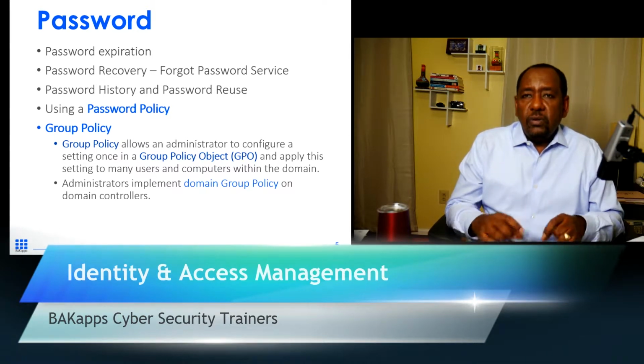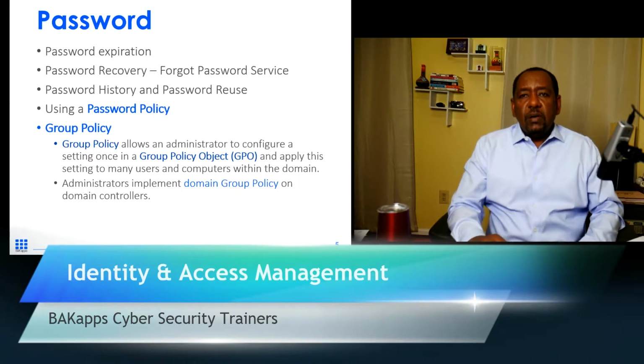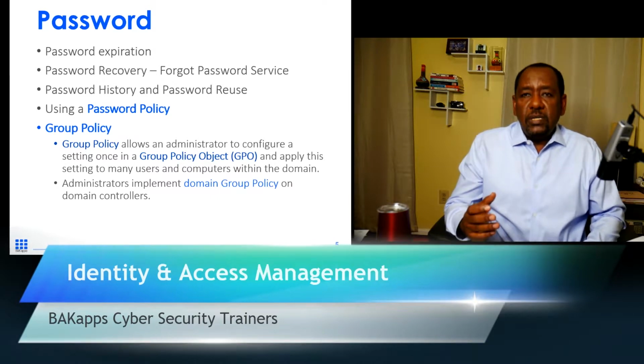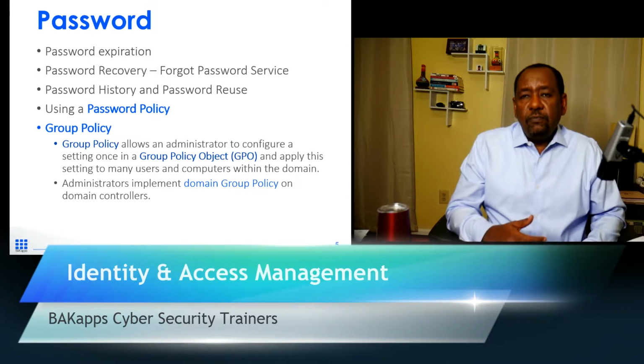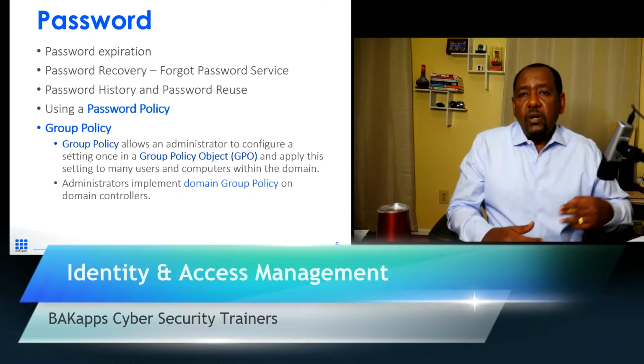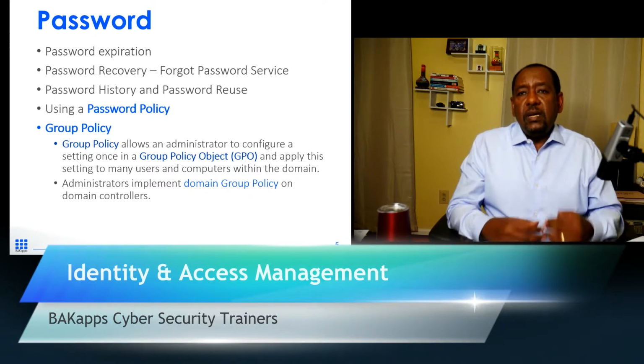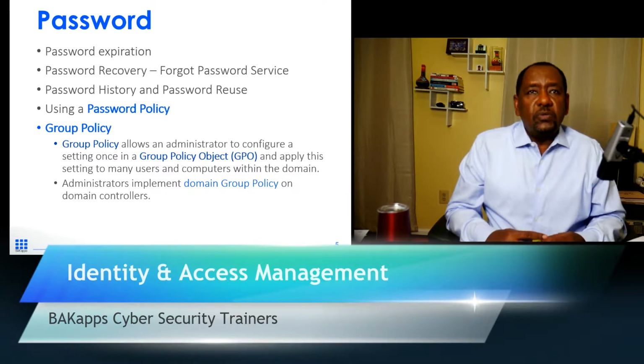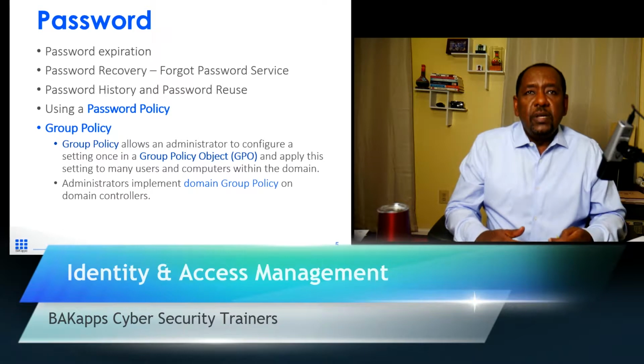When you log into some computers, sometimes the computers do not allow you to reuse your password. So password reuse is prohibited. They count sometimes up to 5 or 6 passwords which you used previously, and they don't allow you to use those passwords. That's what we call password history.